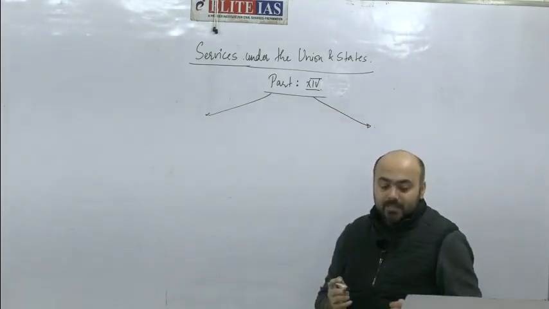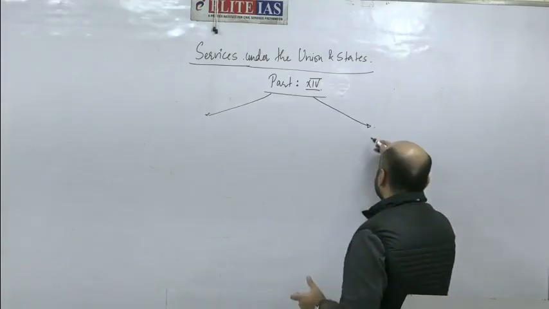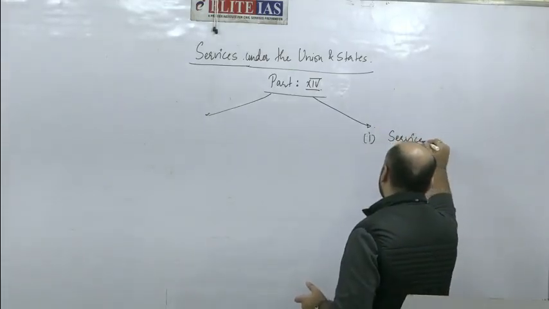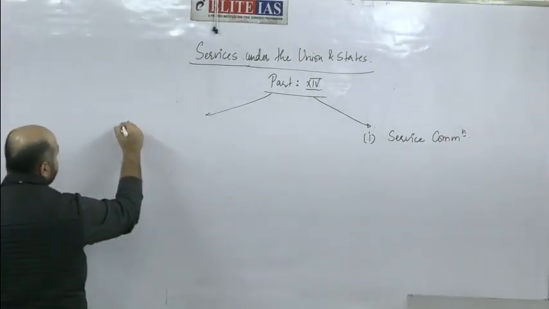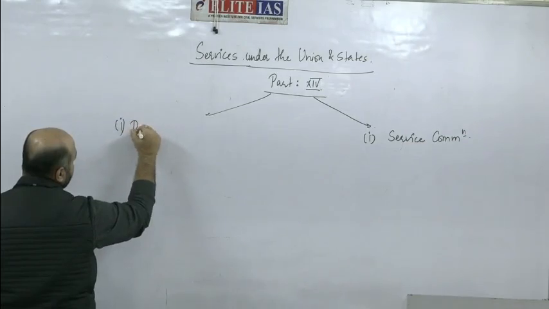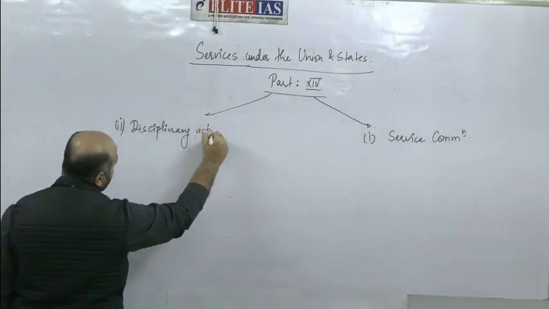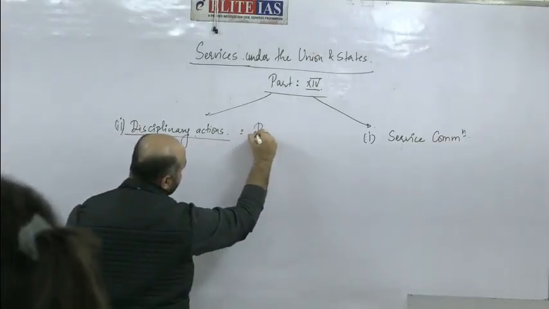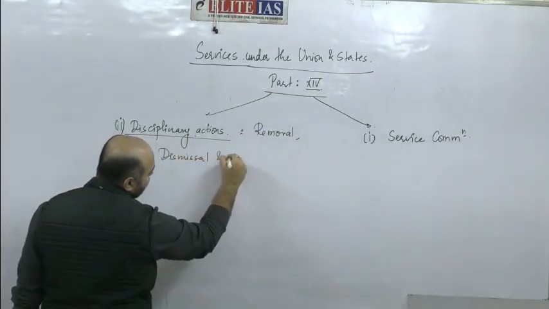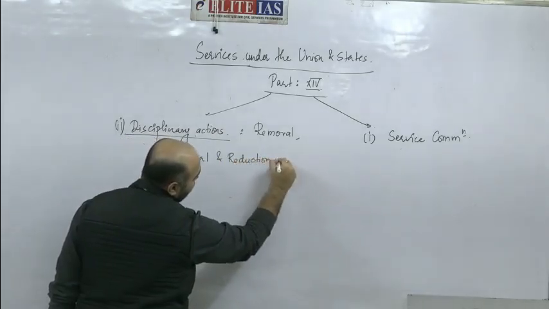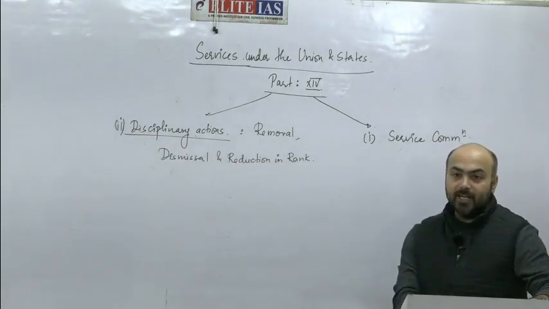Part 14 of the Constitution deals with two basic aspects: removal, dismissal and reduction in rank.